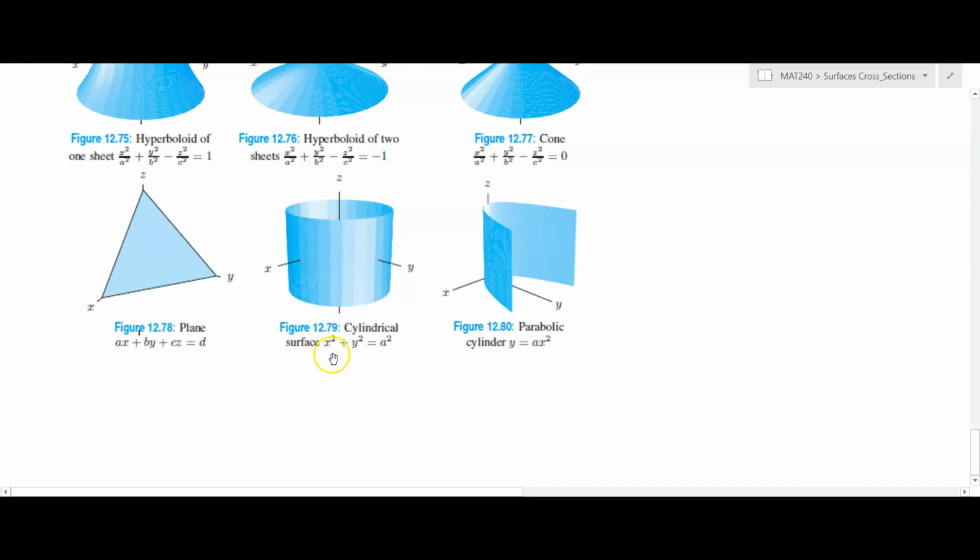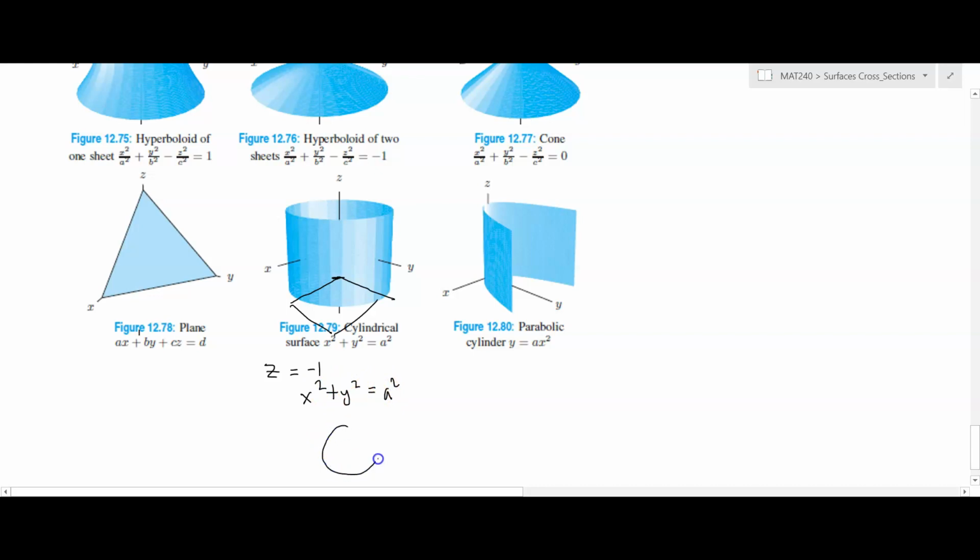Well, notice that this equation only relies on x and y. So in the next lesson, when we focus on contours, we can also hold the value of z constant. So if z equals, say, -1, so that's going to be down here at -1, and we focus on the cross-section right there, what I should still see is the graph of x squared plus y squared equals a squared, where a is really just the radius.